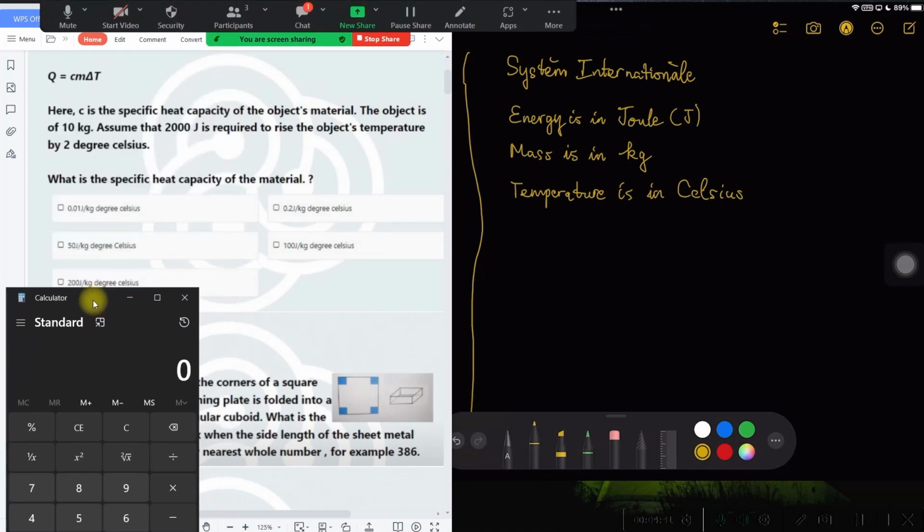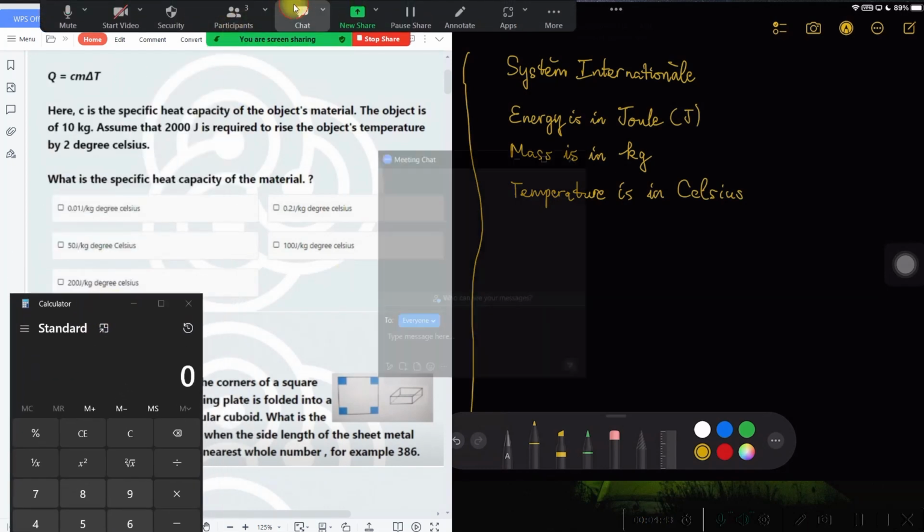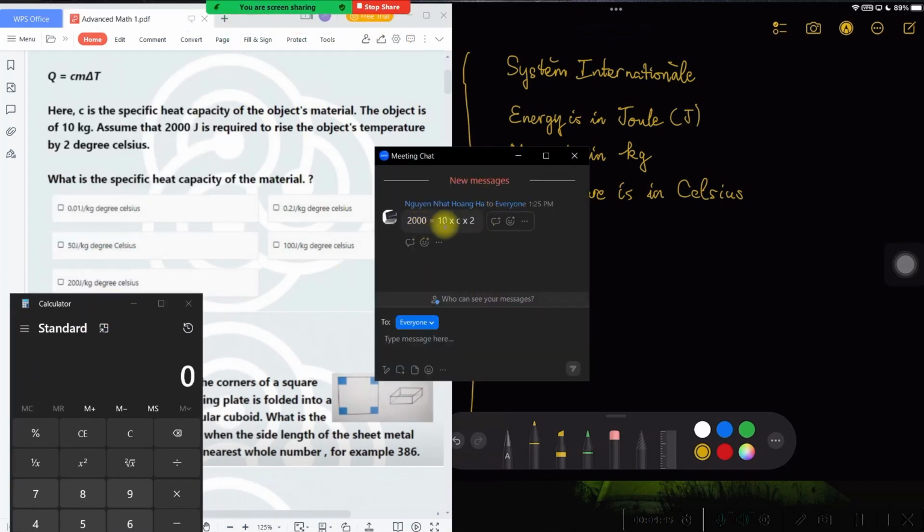So what does C equal to? You set 2000 equal to 10 times C times 2. That is correct. Chính xác. So basically C equal to 1000 divided by, careful. Delta T is actually 2 degrees Celsius.